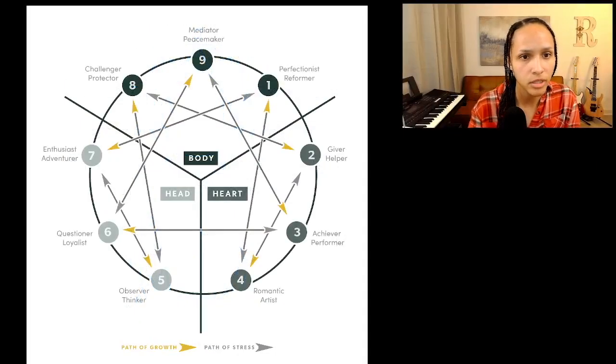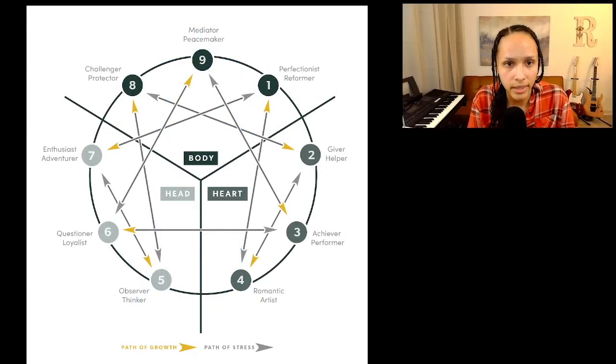Yeah. But yeah, so that's just kind of how that works. Any given type, you could be your core type, and then your variant, and then also what wing you lean towards.